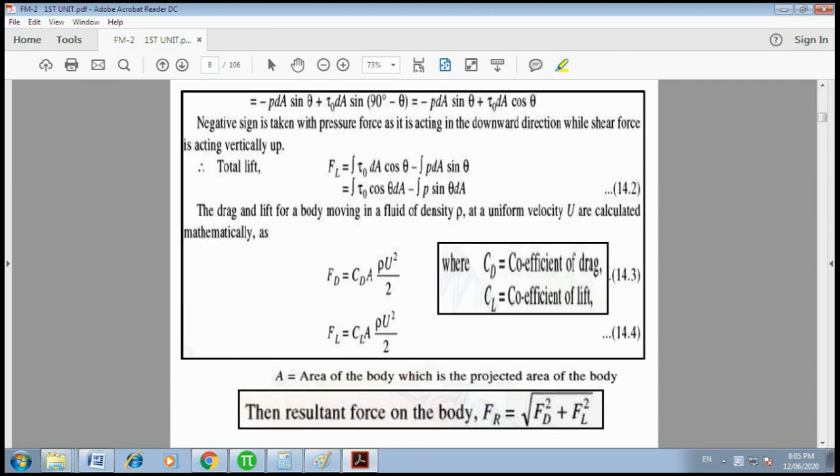So minus P dA into sin theta plus tau 0 into dA sin 90 minus theta, again that angle 90 minus theta. Then it is equal to minus P dA sin theta plus tau 0 dA cos theta, since sin 90 minus theta becomes cos theta. The negative sign is taken with the pressure force as it is acting in the downward direction, while shear force is acting vertically upward.